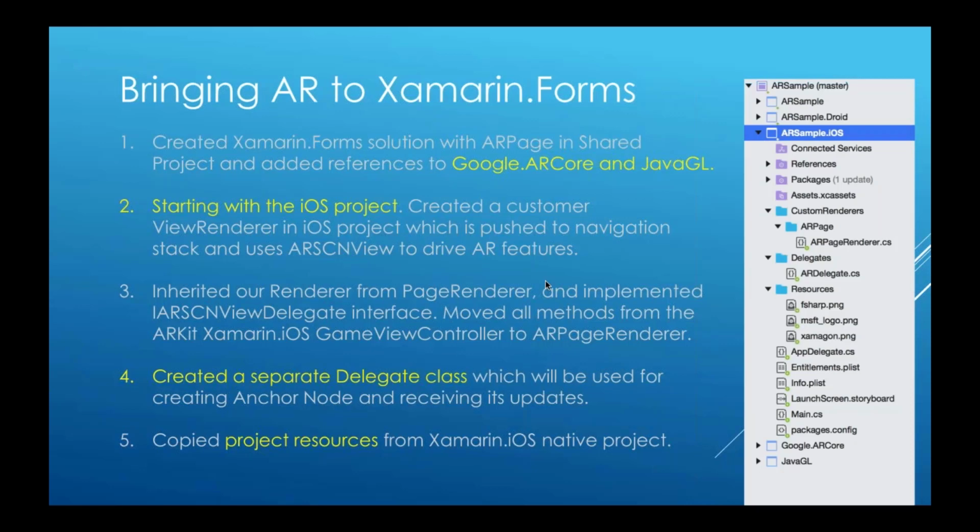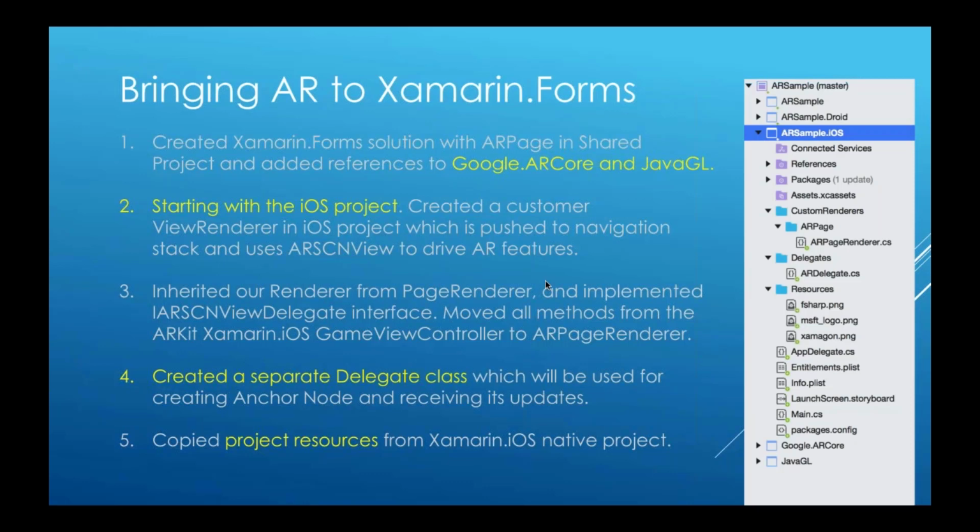Starting with the iOS project, we created a custom view renderer in the iOS project, pushed that, and that gets pushed to the navigation stack. It uses an ARSCNView, again, that ARKit SceneKit combination view to drive the AR features. We inherited our renderer from PageRenderer and implemented the IARSCNViewDelegate interface, moved all the methods from the ARKit Xamarin.iOS GameViewController to ARPageRenderer.